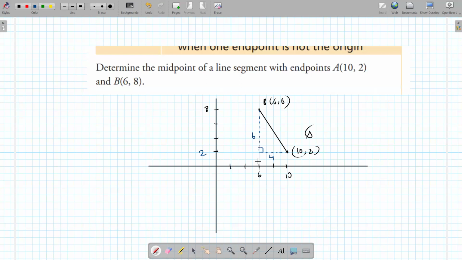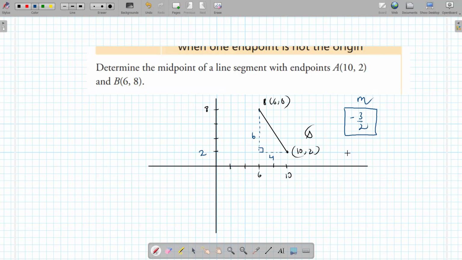So what's the slope of this line that connects A and B? Well, that's going to be rise over run. It's going to be -3/2. It's negative because it's going down. What about the hypotenuse?